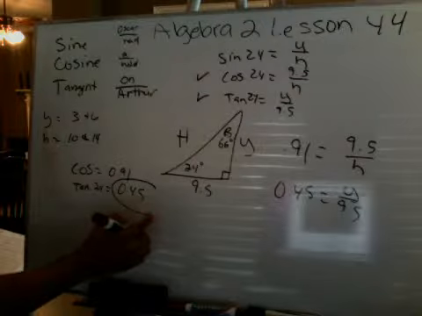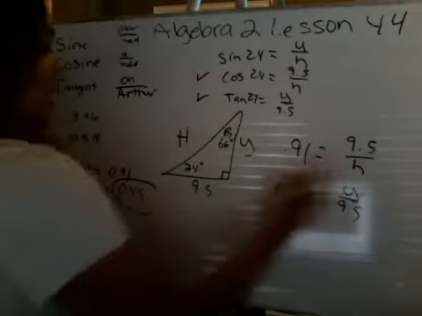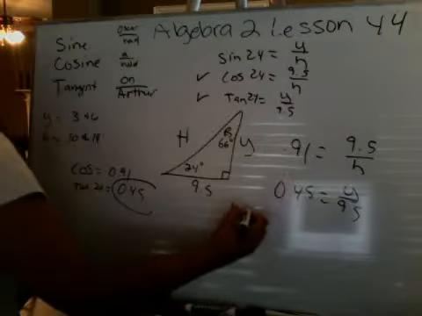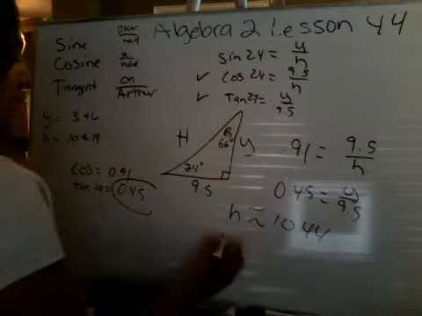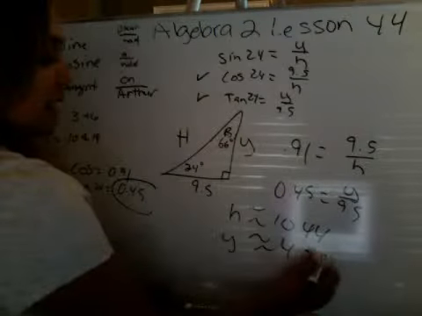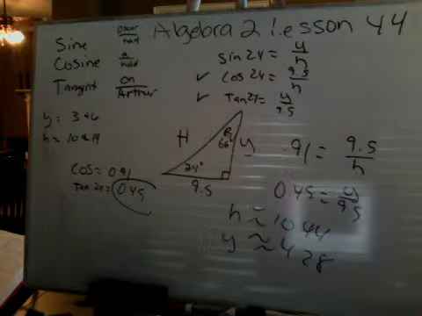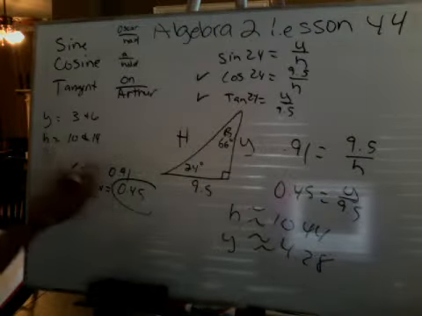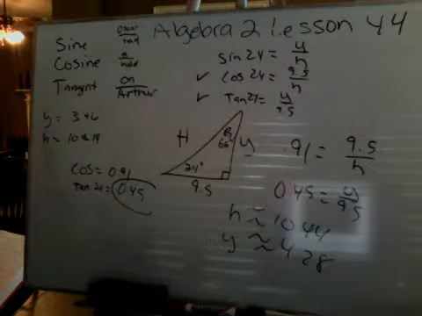When you do these, you're going to get H is approximately 10.44, and Y is approximately 4.28 when you do it this way. Okay, so now it agrees with our estimates that H is between 10 and 14 and Y is between 3 and 6. So it agrees with our estimate, so we did it right.